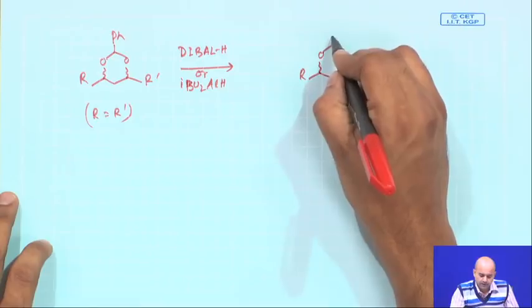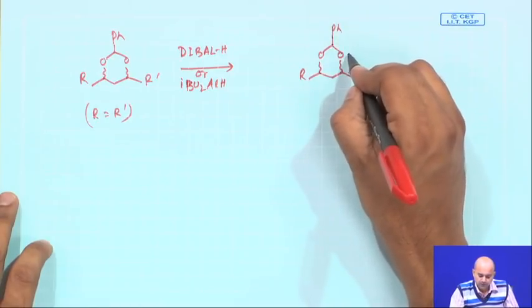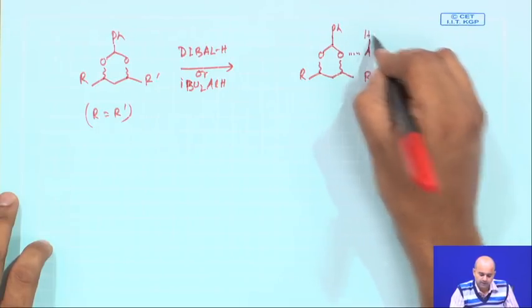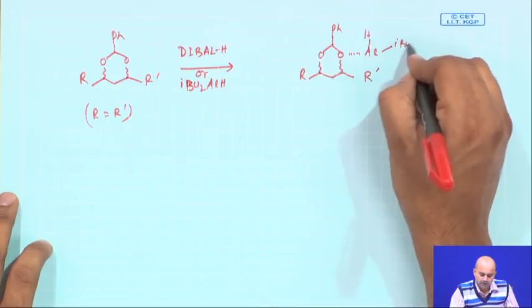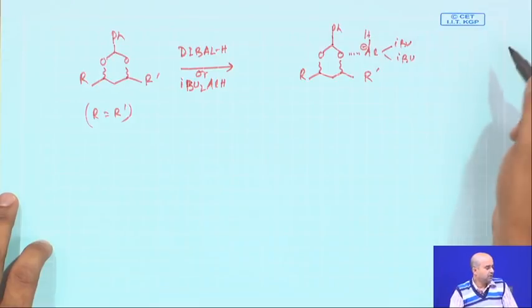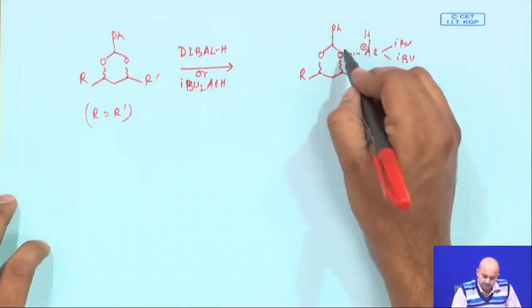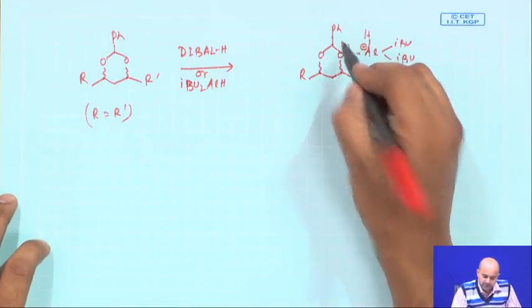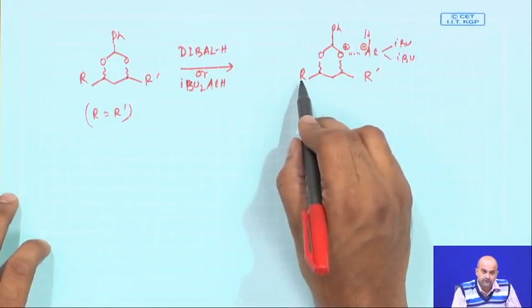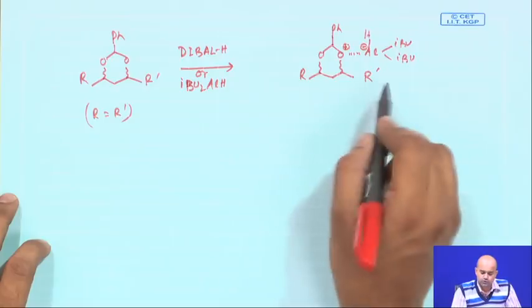Then we are saying that this Lewis acidic site of oxygen is going to coordinate with this DIBAL and this isobutyl, and you have a negative charge on this aluminum, fine. Now, as I said, R equal to R prime, there is absolutely no issue.